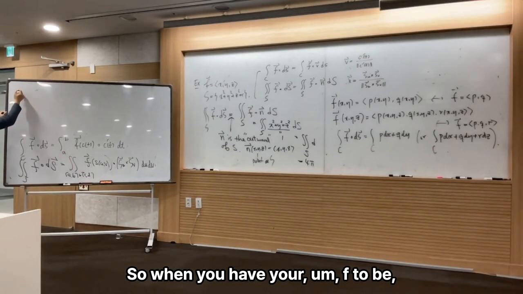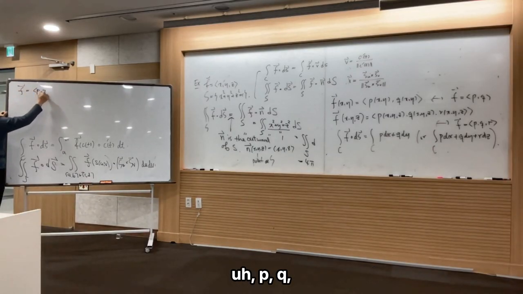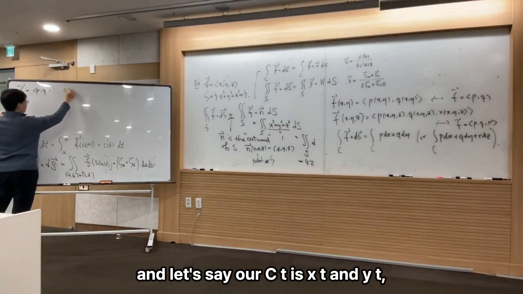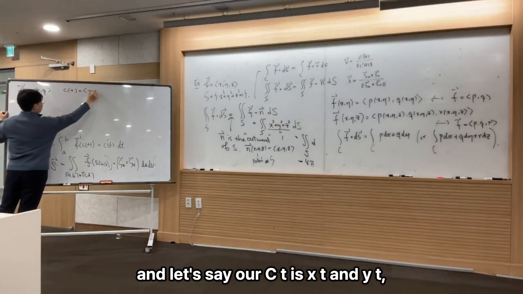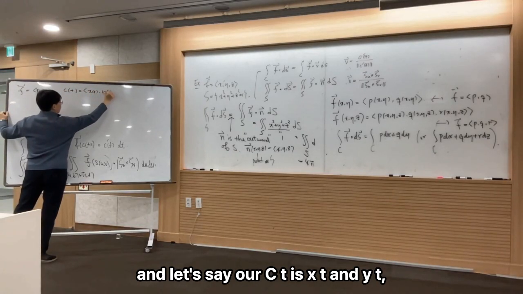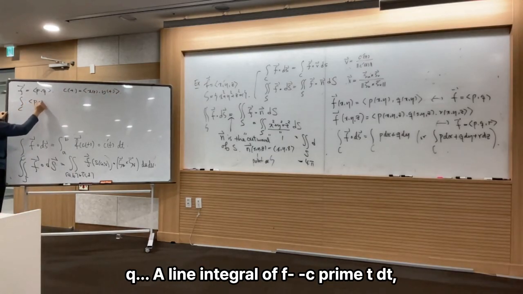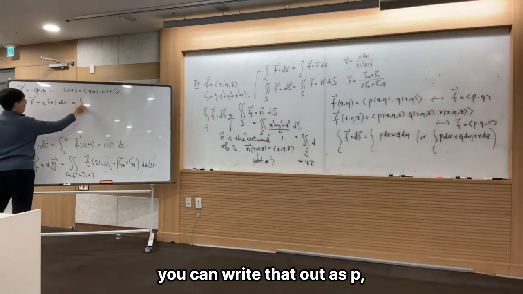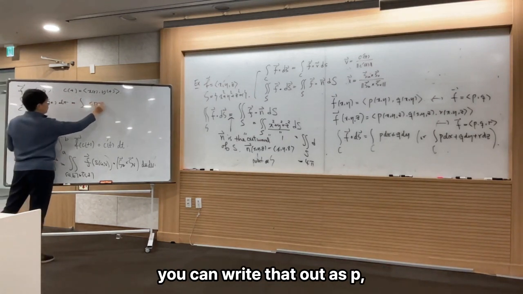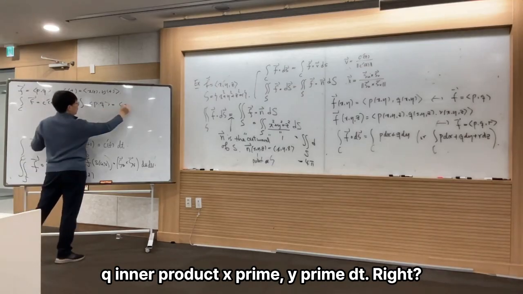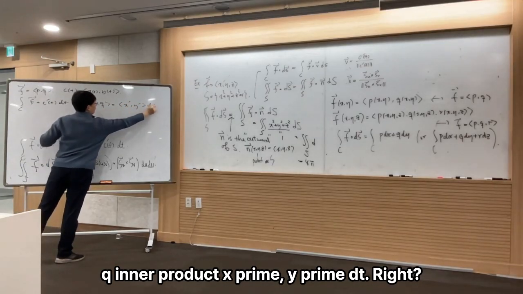When you have your F to be (P, Q), and let's say our C(t) is (x(t), y(t)), then your line integral is the line integral of F(C(t)) dot C'(t) dt.